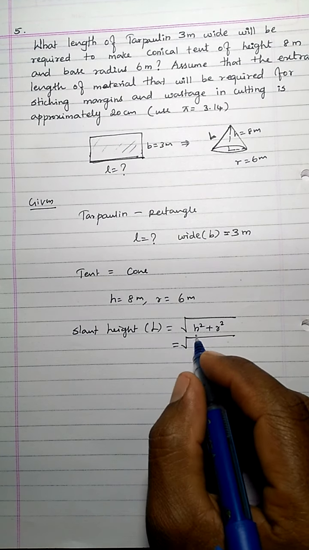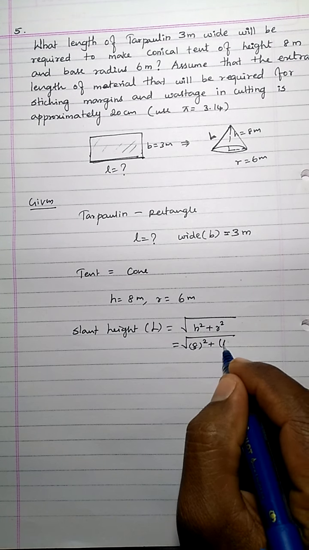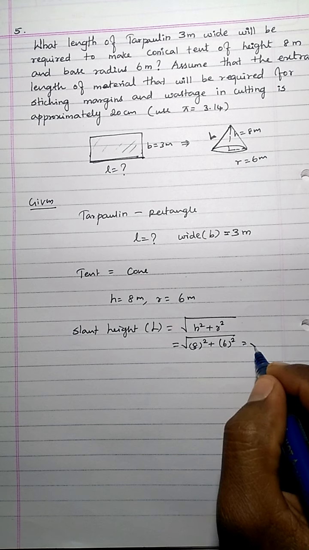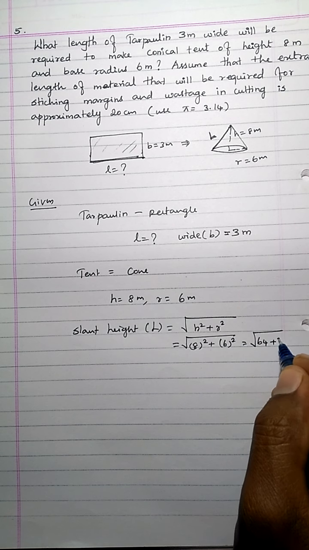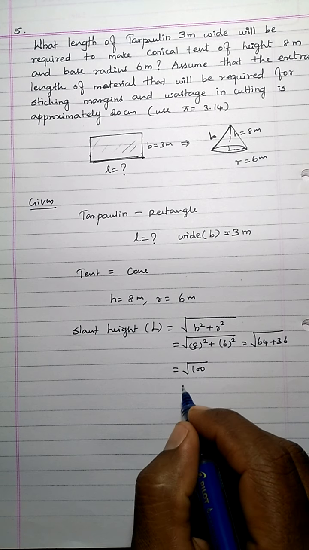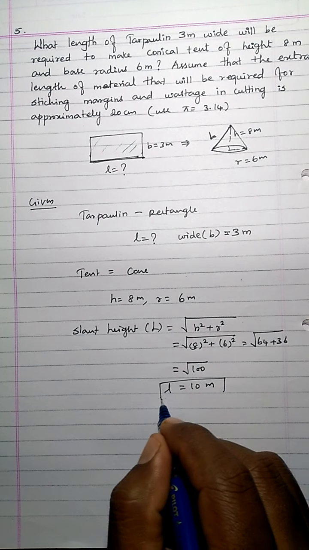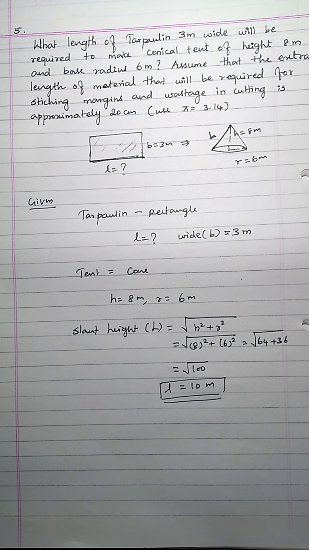So h value we have 8 square plus radius 6 square. 64 plus 36 gives 100. Square root of 100 is 10. So the slant height is now 10 meter.